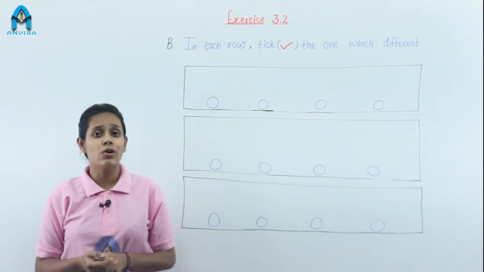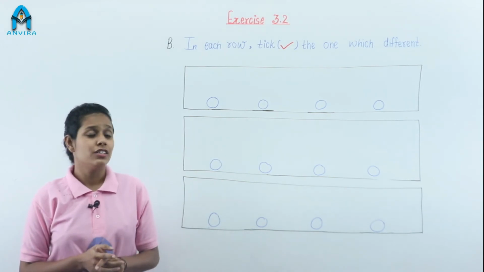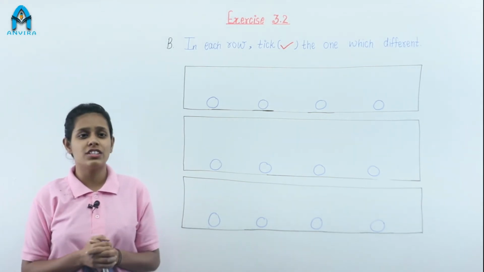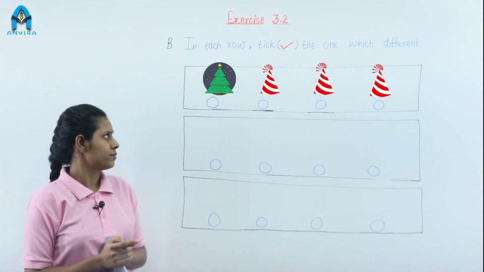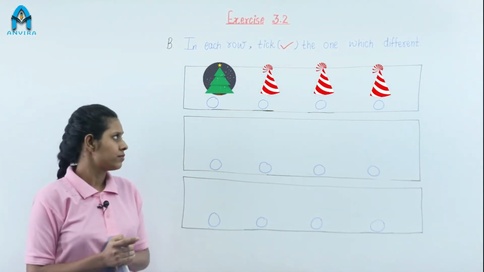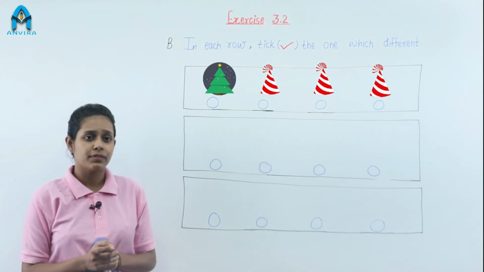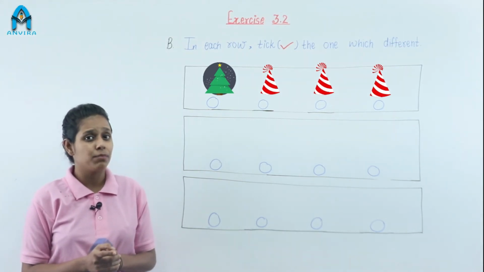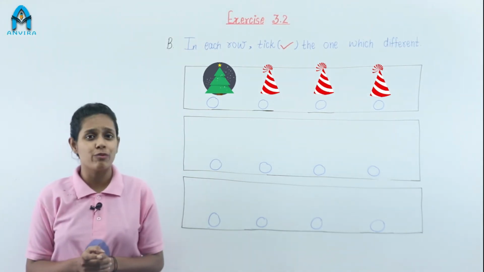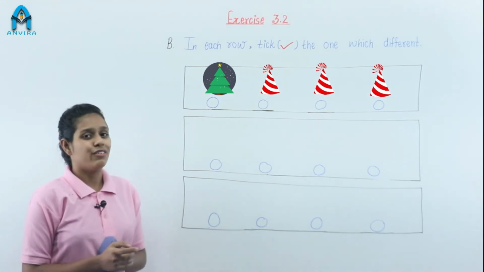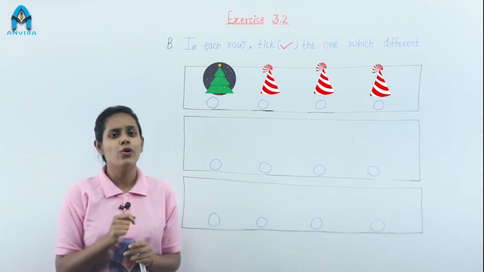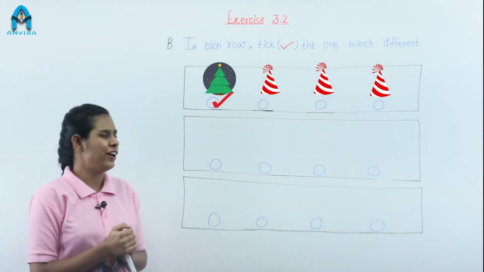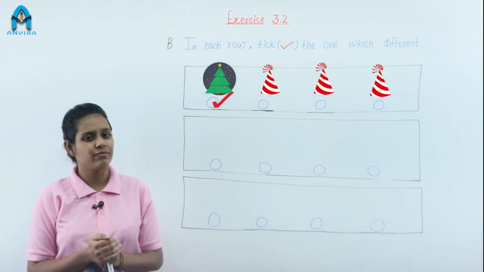Now, let's go to our next question. What do you see in this question? We find Xmas tree, cap, cap and cap. Now, which is the different one? Different is Xmas tree. So, you have to tick the Xmas tree.